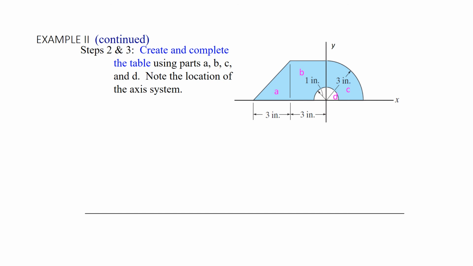Next, we're going to take the step of creating the same table that we used previously, but we'll now consider parts A, B, C, and D. And remember that D is a negative area.